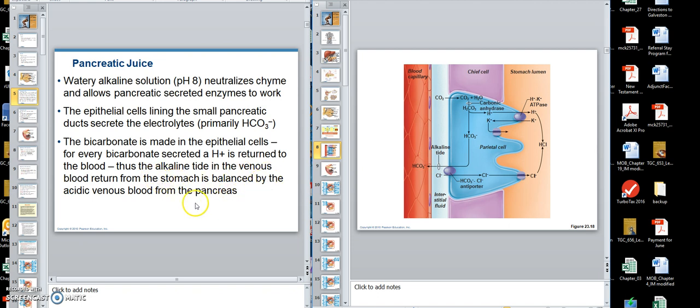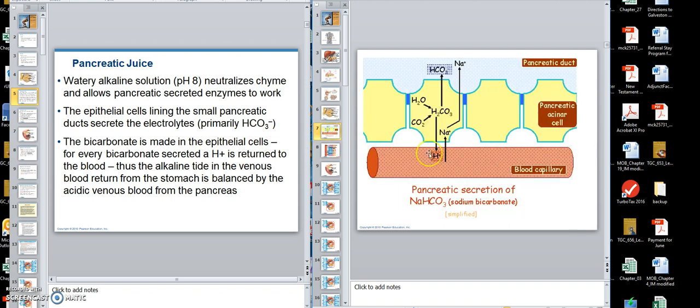Well, the blood coming from the pancreas is acidotic. So in other words, the pancreatic tide right here is acidic, and the stomach tide is more alkaline. So it kind of neutralizes it. Okay.